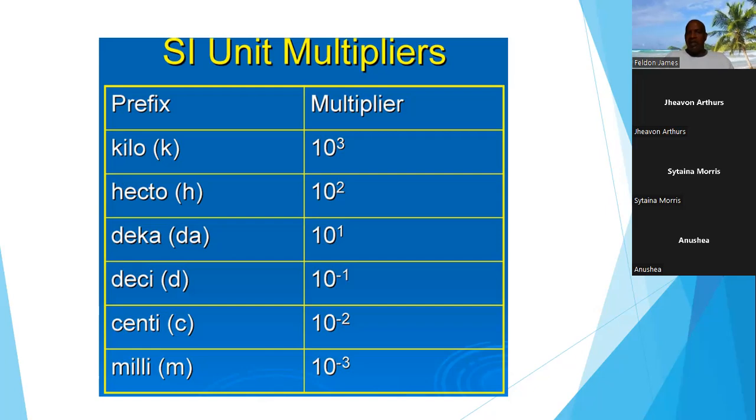even though we can use that unit and we count out 100 meters down a straight path, we could also decide to measure it in hectometer. Now, hectometer would be what?